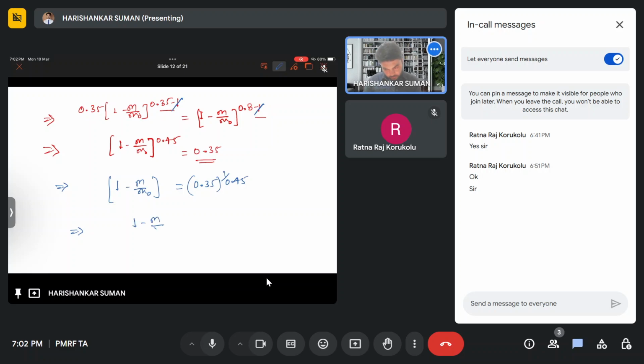Then calculate this. This will be, okay. And finally, clear, or any doubt?